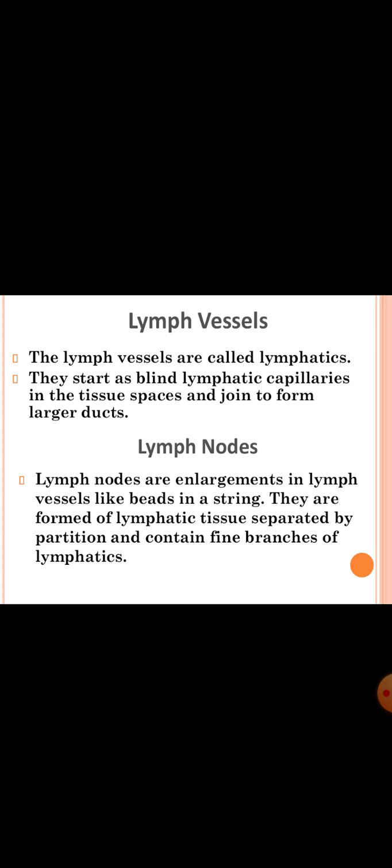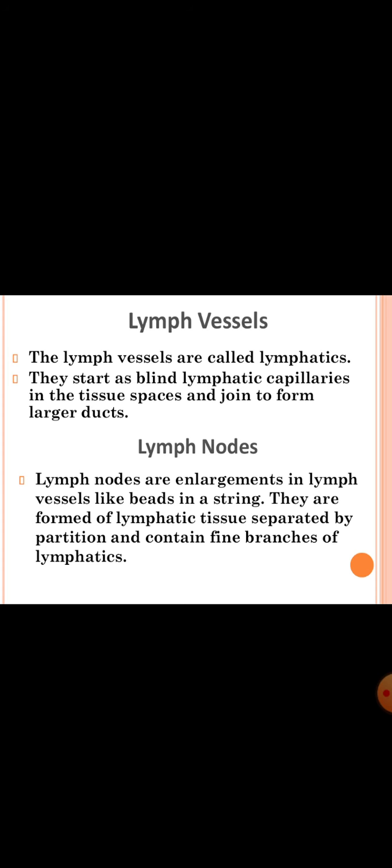After a fatty meal, the lymph appears milky and is called chyle. Now, the lymphatics form a network in the body and have valves to maintain the flow of lymph together towards larger veins. The lymphatics return water and protein to the blood.